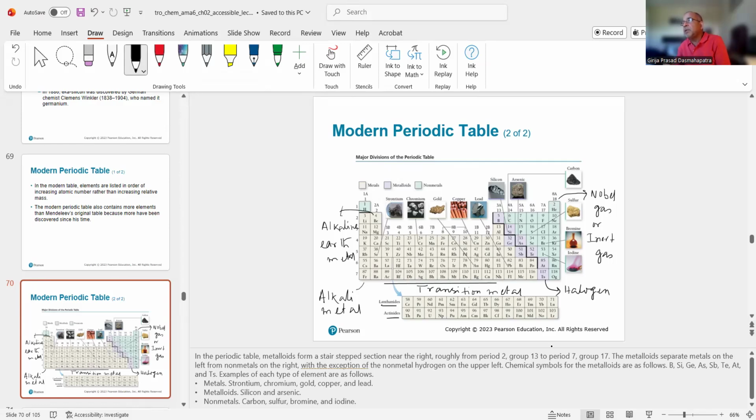Each of these groups of elements has reasonably good similarity, that's why they have been given a separate name, and they have separate uses also. In addition, in subsequent chapters, you will find that the periodic table will give a lot more information than simply classifying the elements.